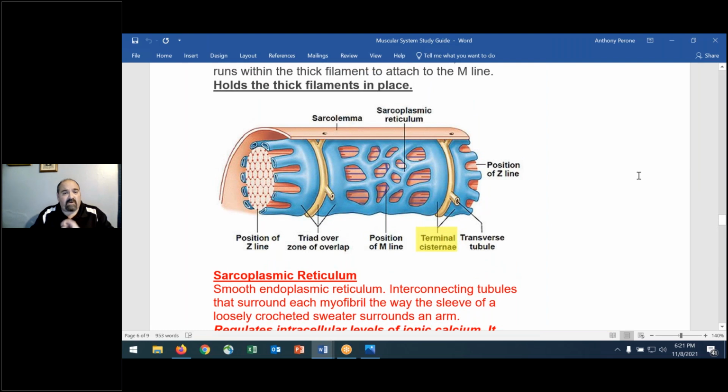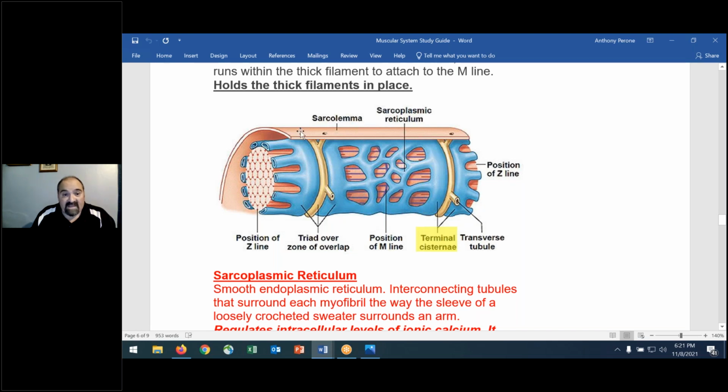I wanted to review this with you also, showing you that the sarcoplasmic reticulum, the SR, is this blue structure here. I think of it like a sleeve, like a loose sweater with holes in it, or a crocheted type of thing covering these structures. So you're seeing here, folks, the muscle fiber with the myofibrils, and present within the myofibrils are the myofilaments, okay?